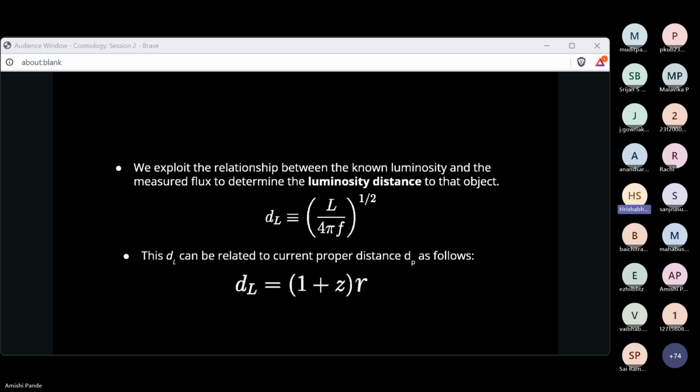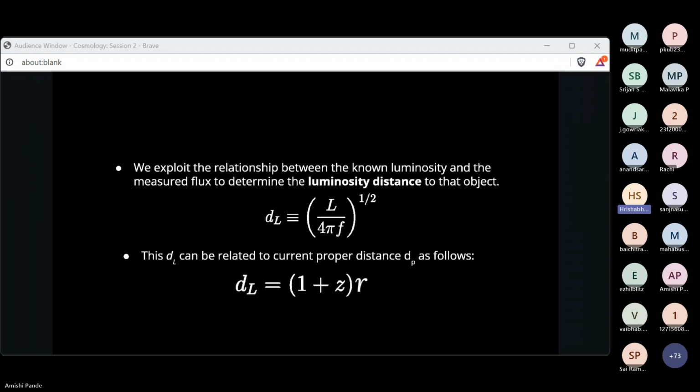So if we know the luminosity of an object, and we calculate the flux of that object that we are receiving, we can simply find the distance to the object, right? That would give us the luminosity distance, the distance of that object.